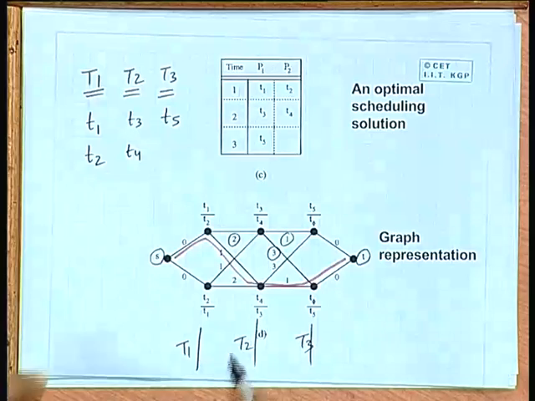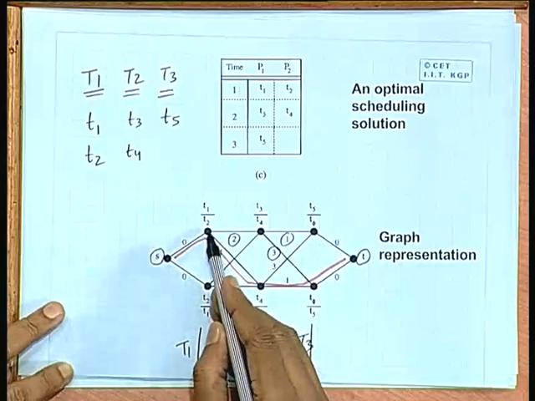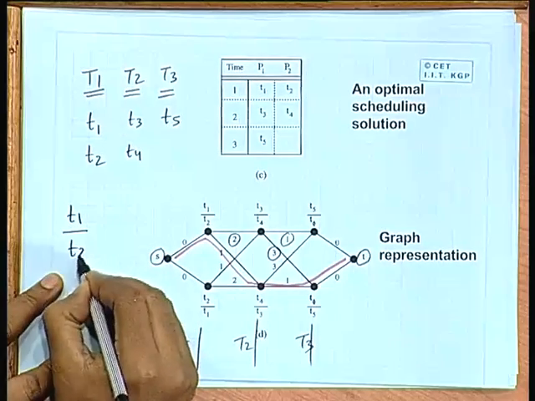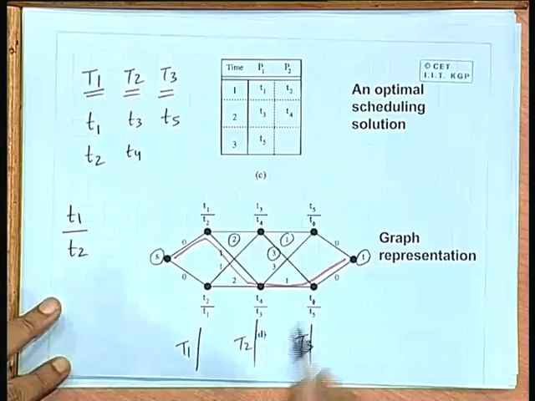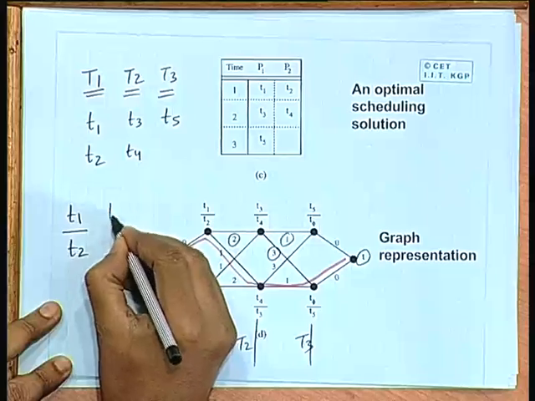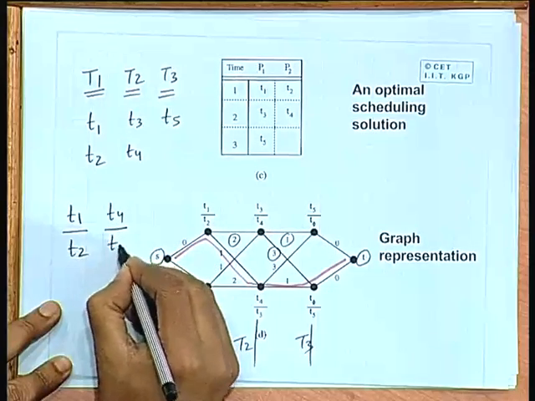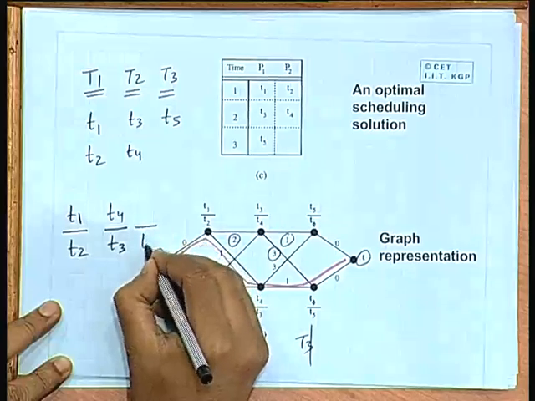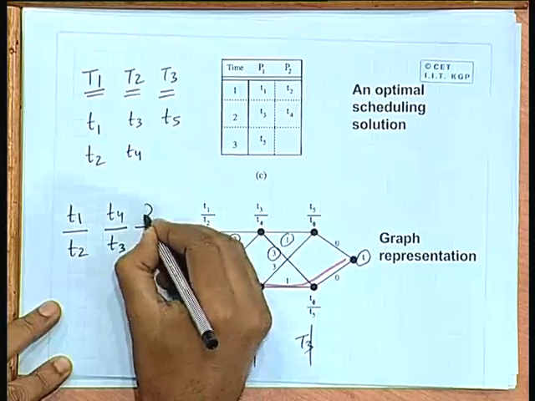So, this says that in the first one you place T1 on top of T2. In the second one you place T4 on top of T3. In the third one you place T5 below, on top it is empty.